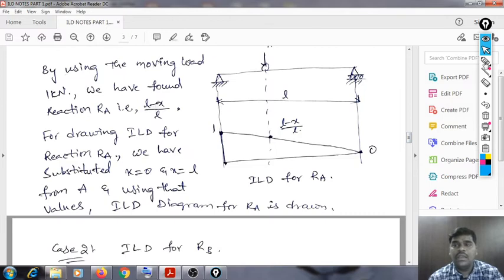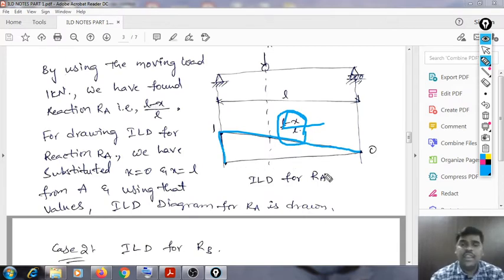This will be the influence line diagram. At A, RA is 1 and at B it is 0. It changes in this fashion because this is in the shape of a fraction.